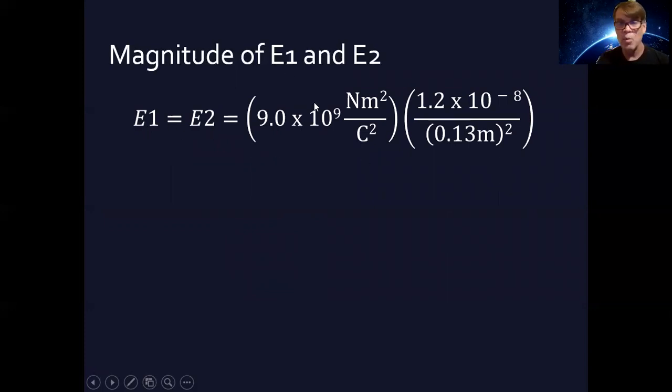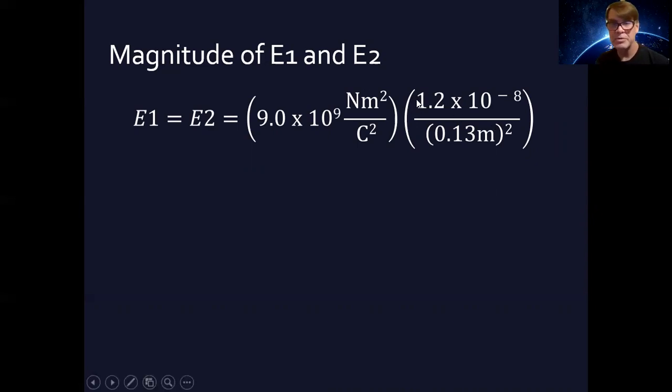And so 1 over 4 pi epsilon 0, that's 9 times 10 to the 9th Newton meters squared per coulomb squared, right? That's a constant. And then I should probably have written out the formula, but it's in previous videos. Then we have Q, which for the field formula is, as we said, 12 nanocoulombs, 12 times 10 to the negative 9th.